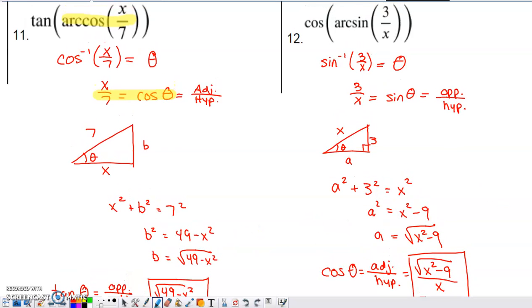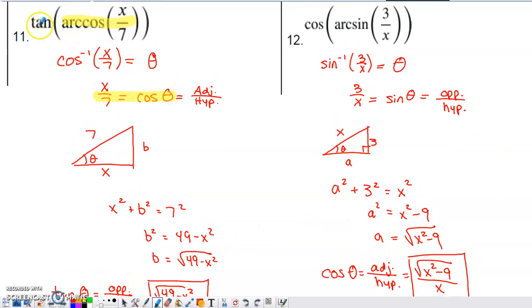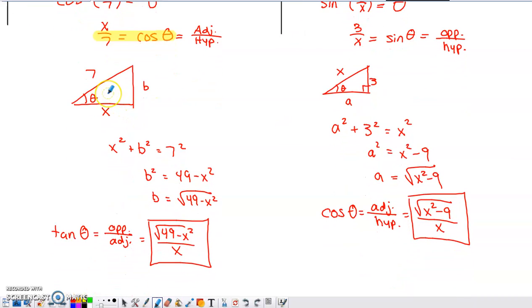If you think about what we really wanted at the onset of this, it was tangent of what we've been working with for the past few minutes. We defined what's inside that tangent function as theta. So the original problem really says, what's tangent of theta? Now that we have this right triangle drawn, all the sides are known, and theta is in the lower left, we can recognize the tangent is equal to opposite over adjacent from SOHCAHTOA.